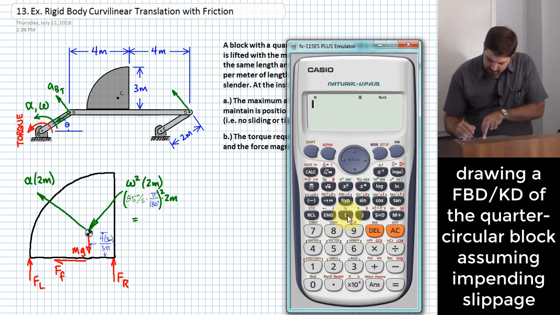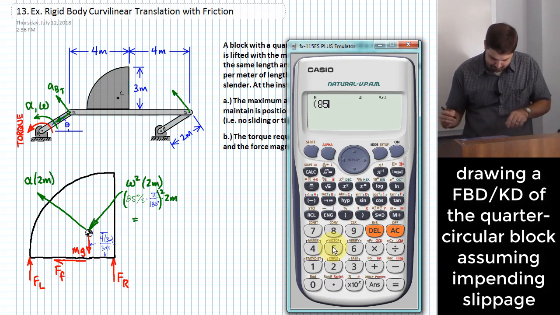All right, so I have 85 times pi over 180. And then this is going to be squared, and I'll multiply it by 2.